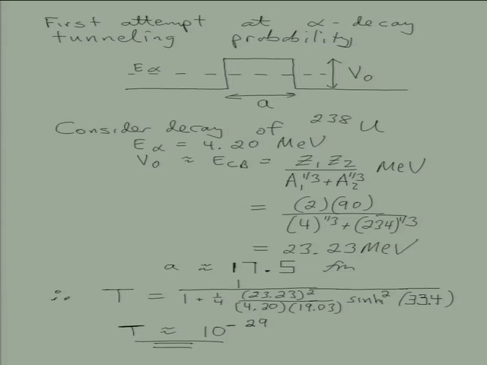So I'm imagining I've got an alpha particle, and I'm going to take the case of U-238, uranium-238, which emits an alpha particle of 4.20 MeV. And I'm going to imagine that the barrier that it has to penetrate looks like this square barrier that has a height V0 and a width A. Okay? And the question is, what height and what width should I be using?